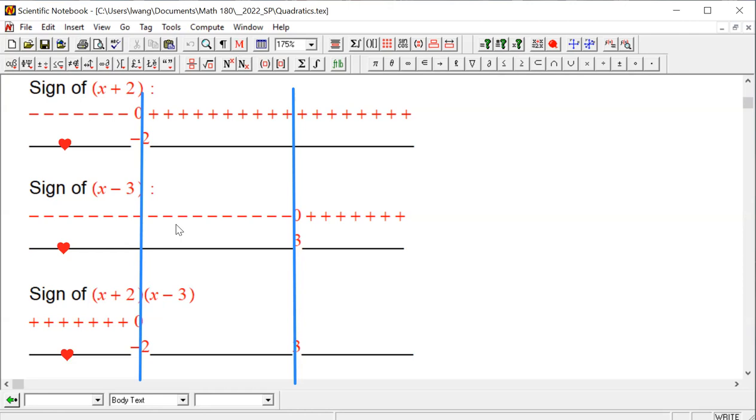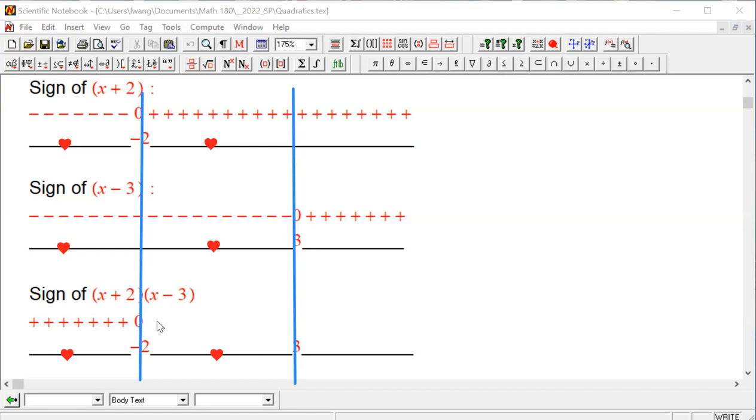In between -2 and 3, I pick another number, and this number has a place on the number line. You see, in between -2 and 3, for x plus 2, that's positive. For x minus 3, that's negative. So positive times negative.